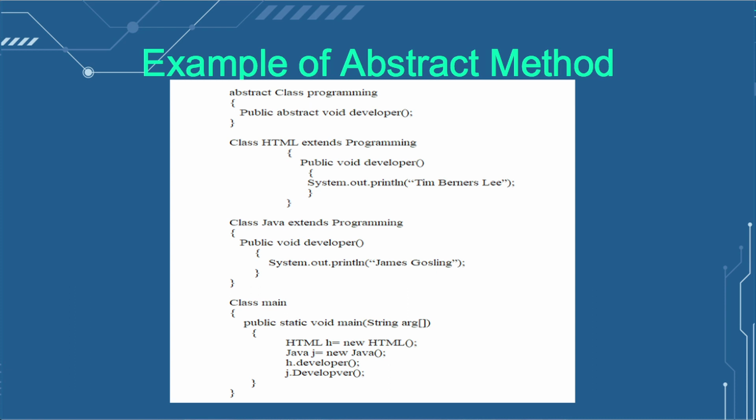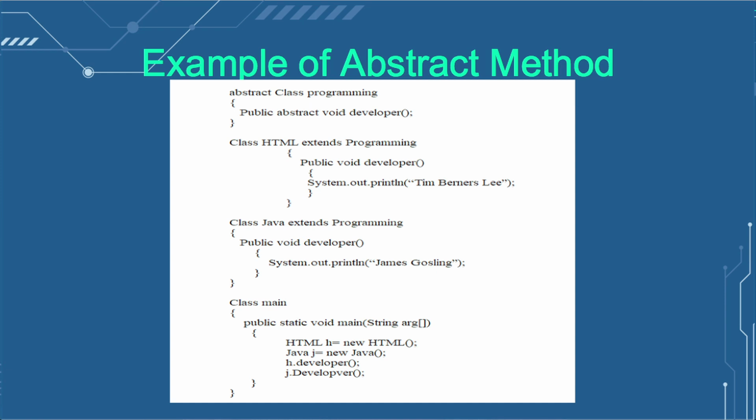The second point is that the method you have defined in the abstract class must be overridden in some subclass. In this example, we have created a subclass HTML which extends the parent class, that is Programming.